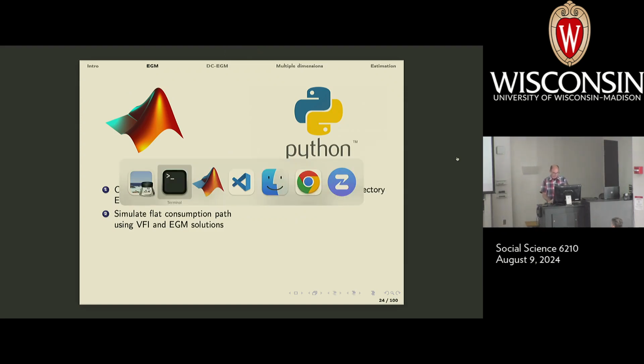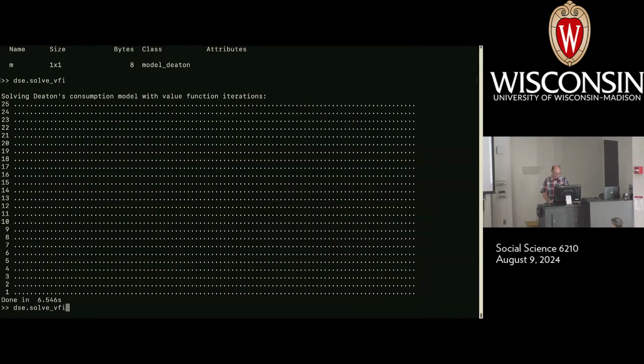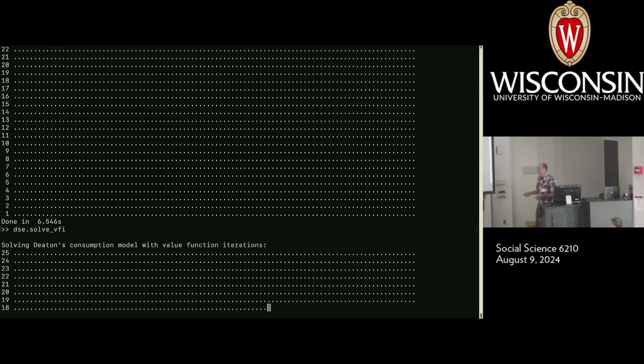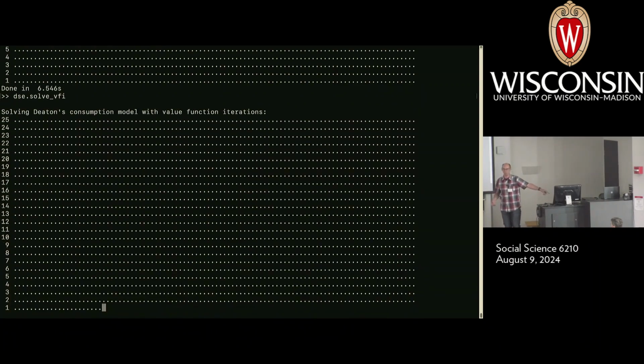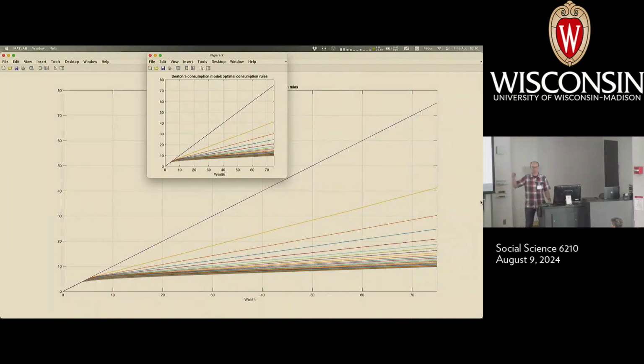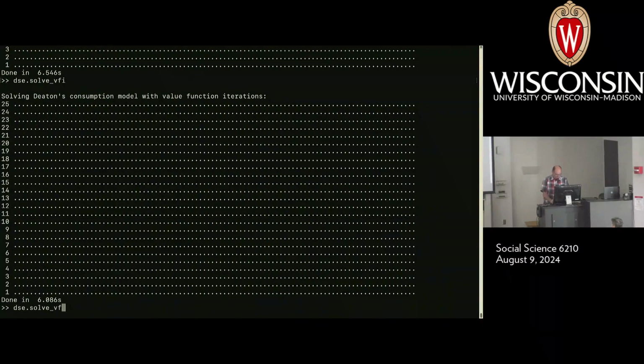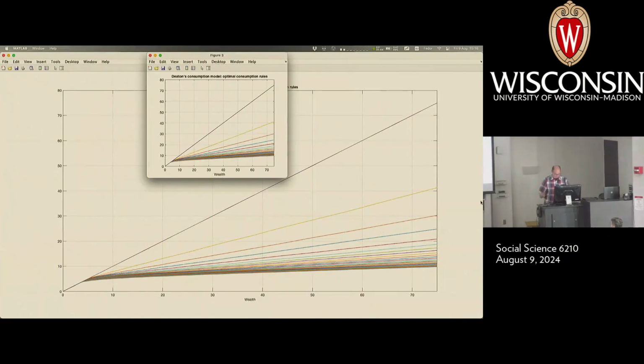So a little bit more of the code. Remember, this is the solution with VFI. It's not too bad, and this runs much better on the newer Mac, actually. Before, I had more time to talk while it was working. But see, if we do EGM, this is it.